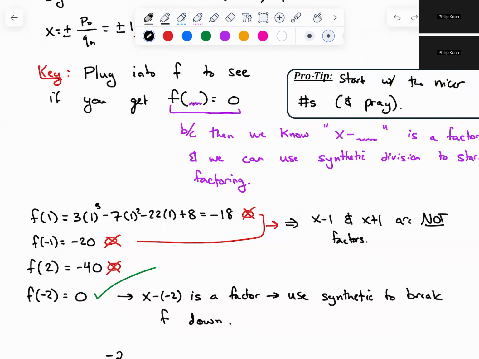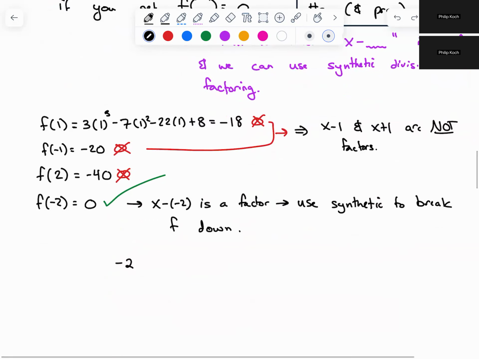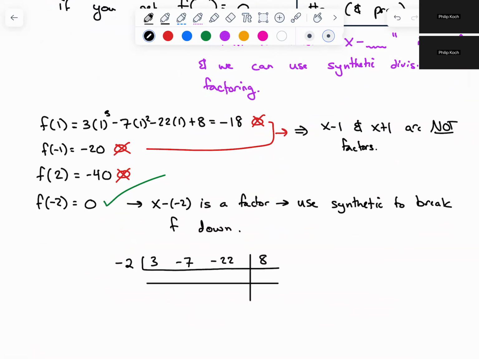And then we found that one. So now we'll synthetically divide. So f of x was 3x cubed minus 7x squared minus 22x plus 8. All powers of x are present, so we don't need to add any placeholders. And let's go ahead and do that synthetic division.